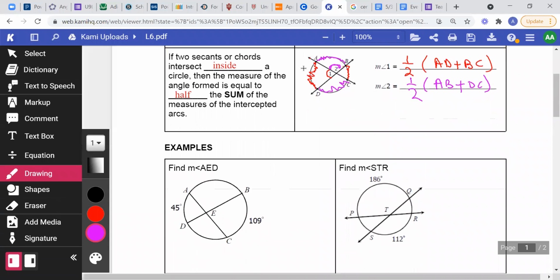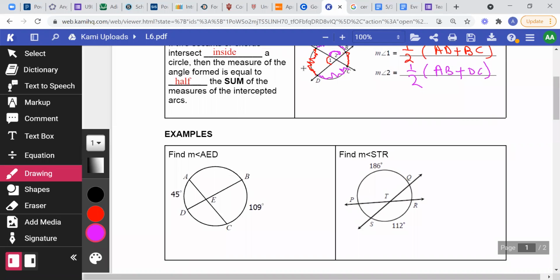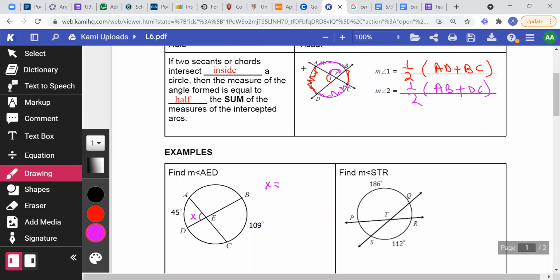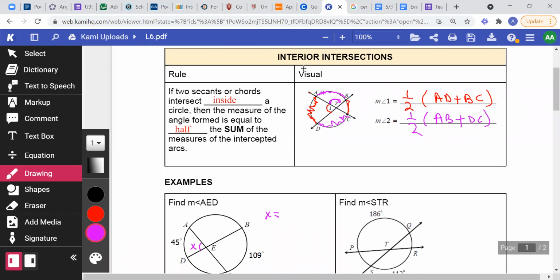So this is an example. Find the measure of angle AED. We move from A to E to D, which means this angle here. If we call it x, then according to the formula, x is equal to half of the sum of the intersecting arcs. So half means 1/2, and the intersecting arcs are this arc in front and this arc behind it.